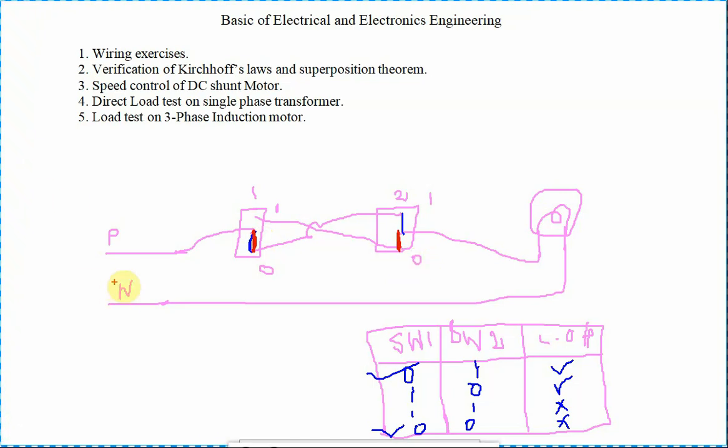Current starts here, goes here, here, and here, but here it will stop, because the switch is connected to the bottom. So no connection. That's why the lamp is turned off. So this is about two-way switches or staircase type of connections.